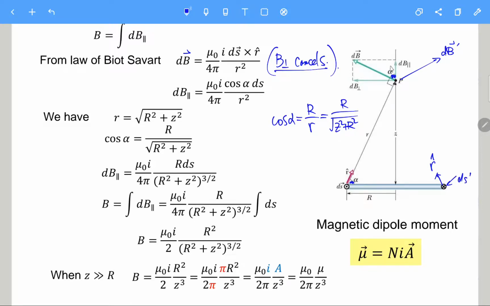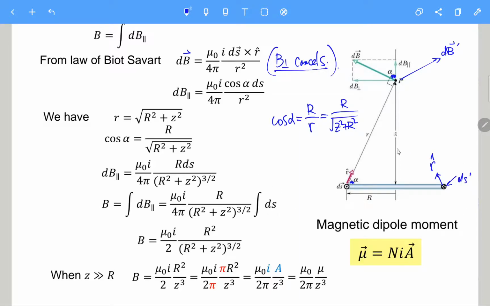Okay, so this is dB parallel, and finally we can start to calculate the overall B at this point, of course, pointing upward. So we plug in this term into here. So actually, this is nothing but a constant related to ds. Actually, by symmetry, all of them are symmetric. So you just integrate the constant. This is a constant multiplied by this integral.